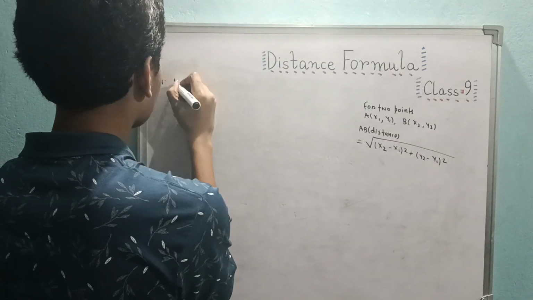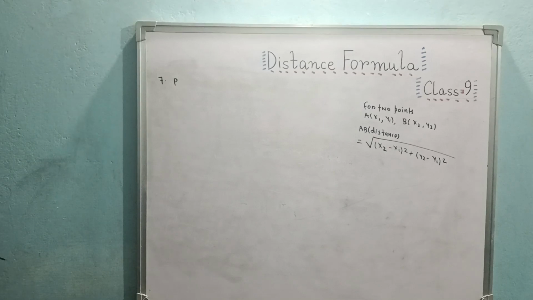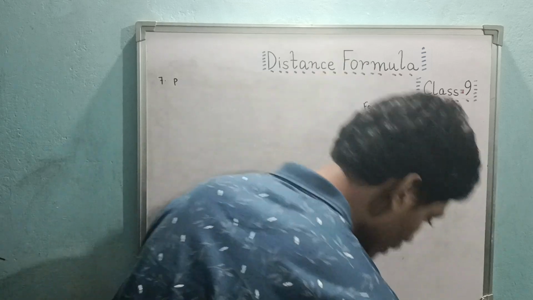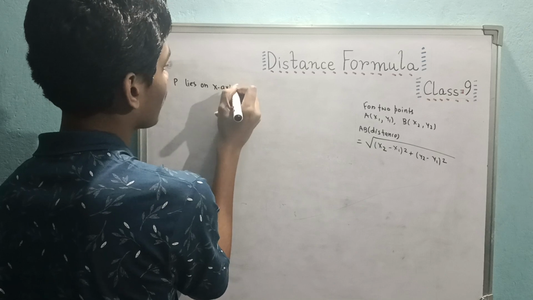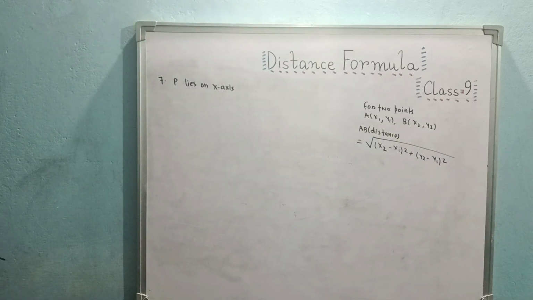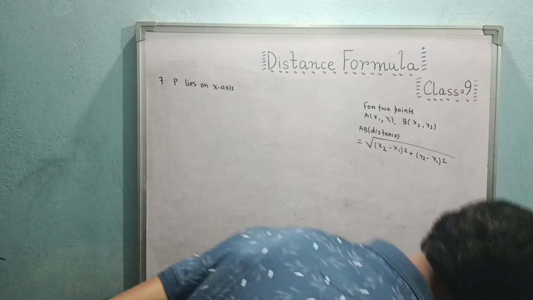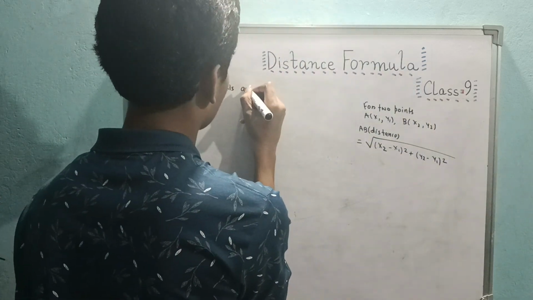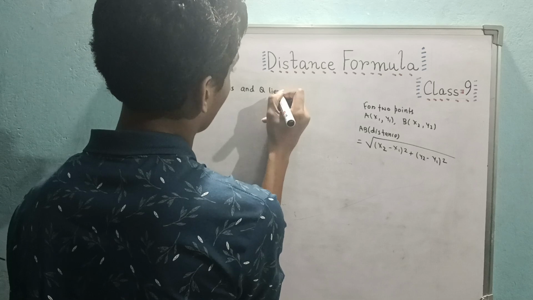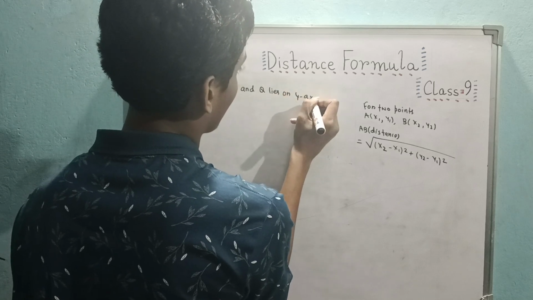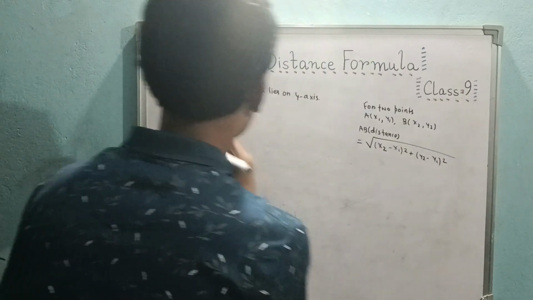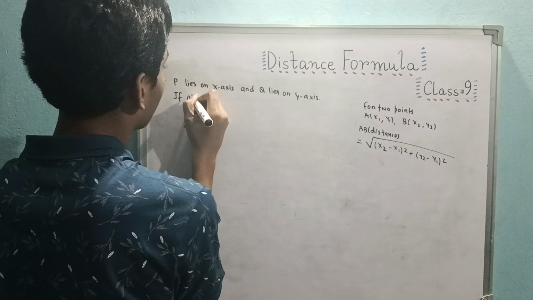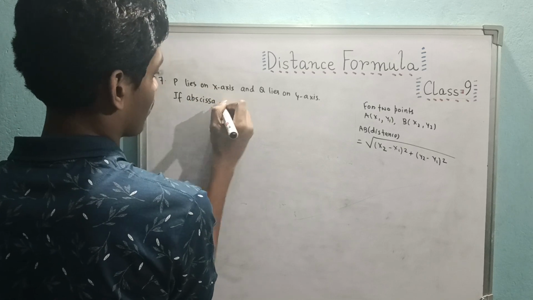P lies on x-axis. Wait guys, 1 minute. Okay, so P lies on x-axis and Q lies on y-axis. If abscissa of P is minus 12, they are giving an easy question.